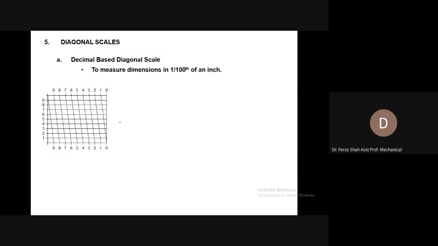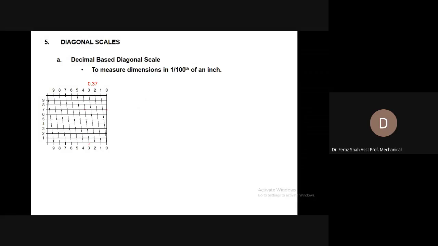Now you can take a reading of 0.37 of an inch. As I have told you, 1 division is 1 by 10, 2 by 10, and 3 by 10 is 0.3. So this is 0.3, and going on this line towards the top, you are increasing the measurement beyond the 3.